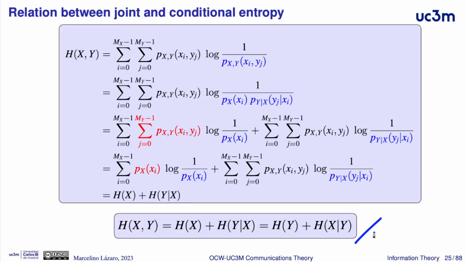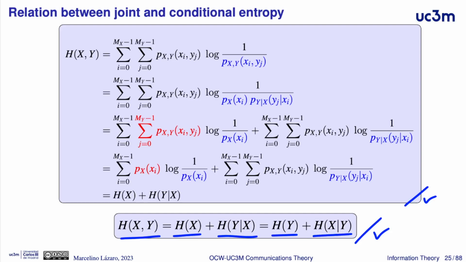Therefore, the joint entropy between two random variables is equal to the entropy of one of them, x, plus the conditional entropy of the other one given the first one. This can be obtained for x as the first term here, but it is straightforward to obtain the same relationship for y.